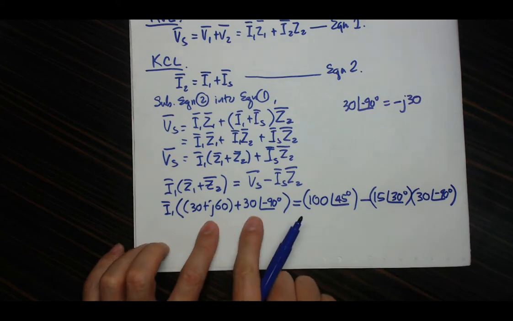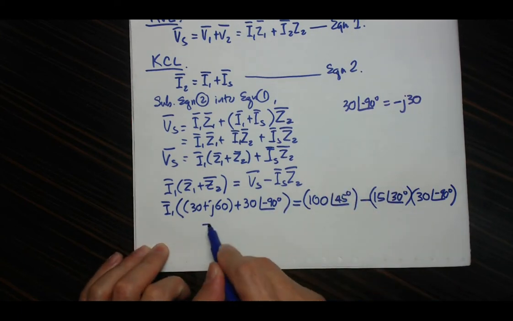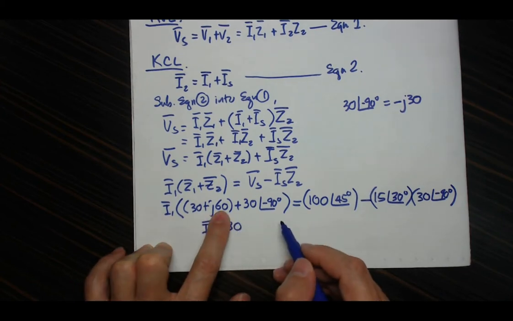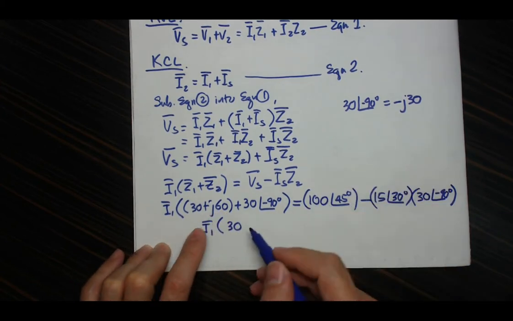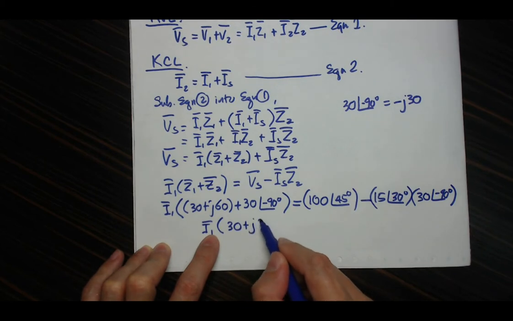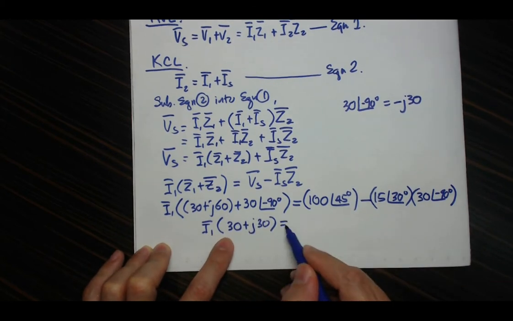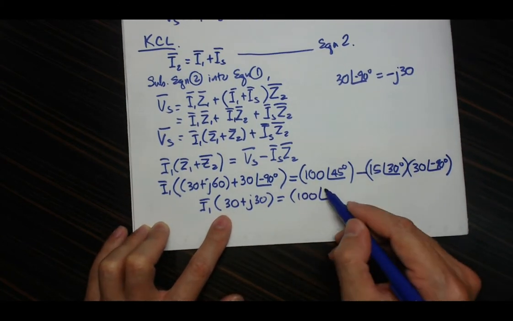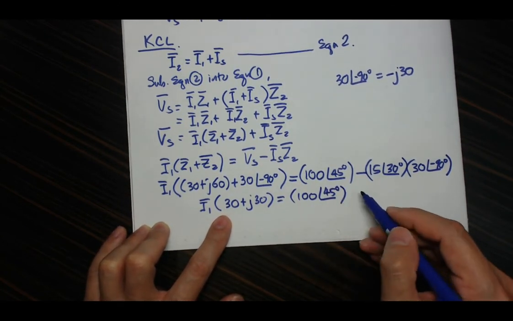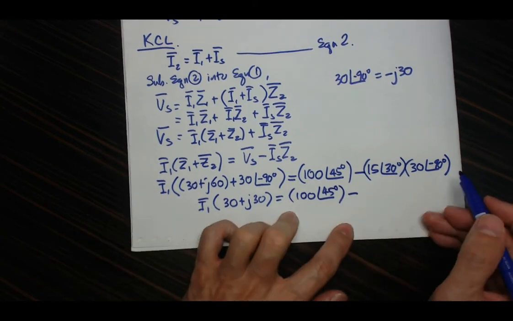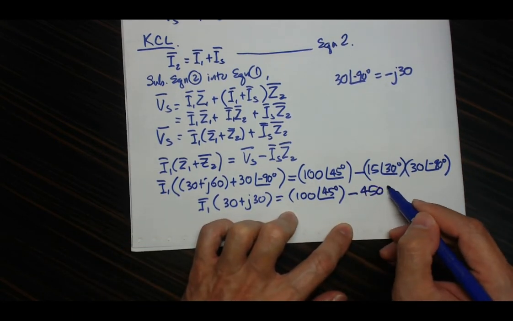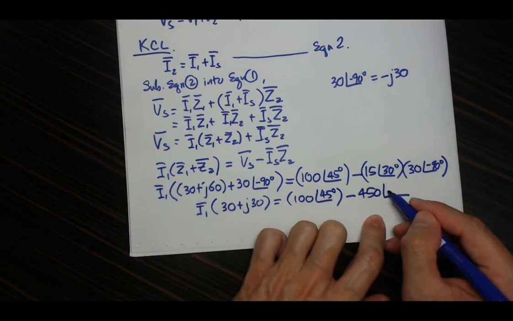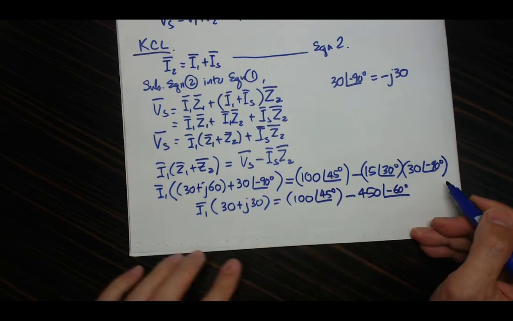So if I were to put it here, basically what I get is I1 times 30 plus J60 minus J30, so plus J30. And that equals 100 angle 45 degrees minus 15 times 30, which is 450, at an angle of 30 plus minus 90, so it becomes minus 60 degrees.